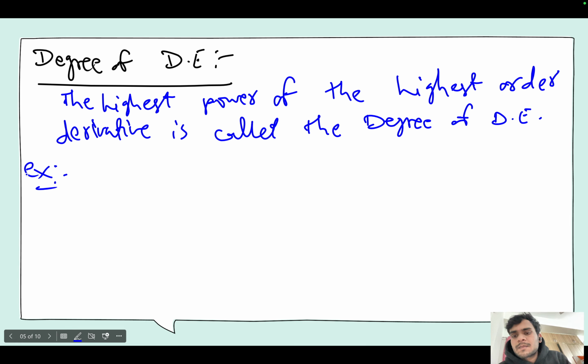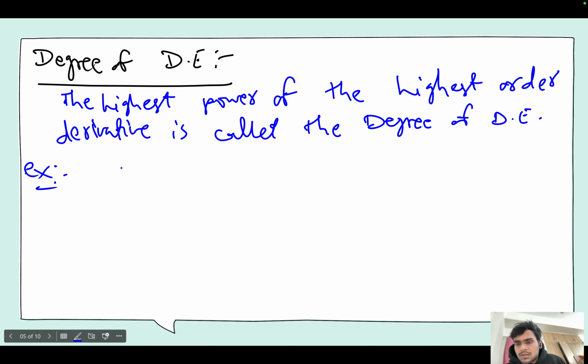For example, let me tell you something. To find the degree, our differential equation should be free from the square root and also free from radicals, in which we can say square root.